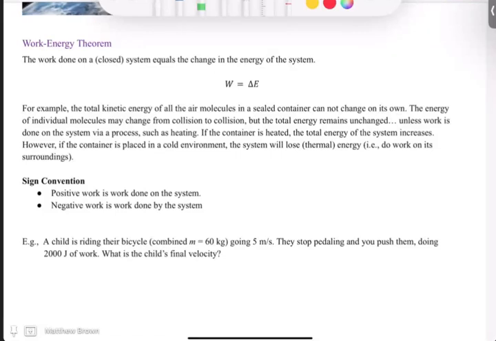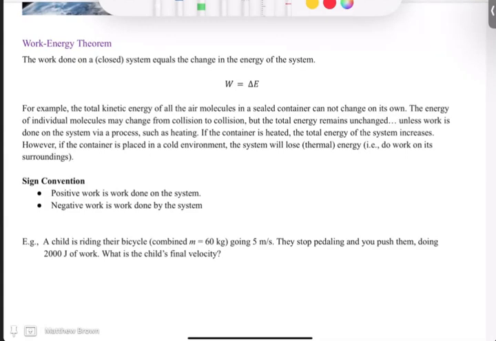Right? So we have a sign convention here. Important to remember this when you're doing problems like this, because it really does matter. So we say that positive work is work done on the system. Right? So go back to the boy on the sled or whatever. If some external actor, the sister or you, anybody pushes them, you're doing work.